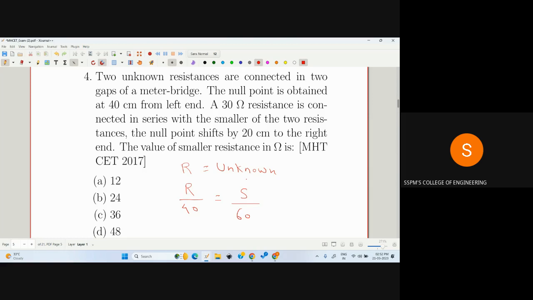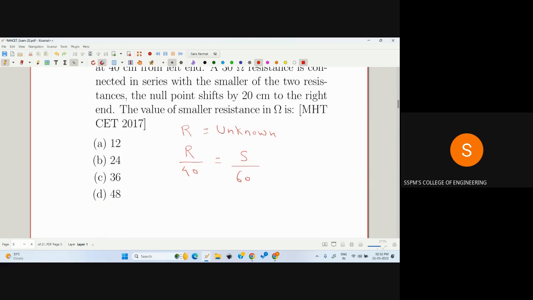After solving this condition, we can get the relation for R and S. Cancel the 0, then it will become 6R is equal to 4S, or 3R is equal to 2S. So that is the first relation we got after applying the first case.